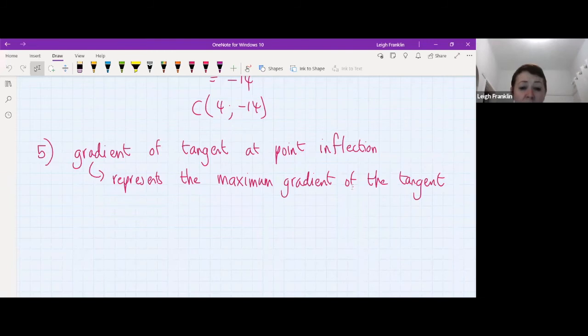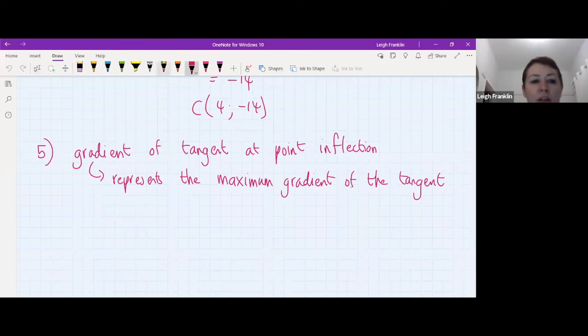So we're going to use the second derivative or midpoint formula to calculate the x coordinate at the point of inflection. Once we've got that, we're going to sub it into the first derivative. Remember, the first derivative represents the gradient at a point on the cubic. Does that make sense to everybody?